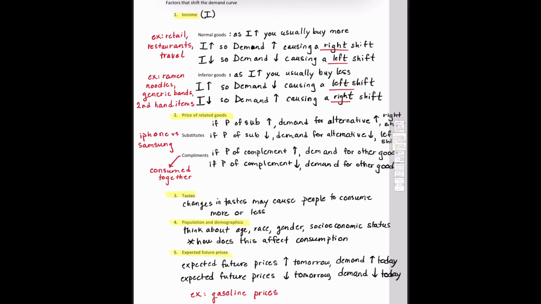So you'll see a right shift in the demand curve for Apple iPhones. However, if the price of Samsung decreases, then you're going to see a substitution towards the lower priced phone, and demand for Apple will fall. So you'll see a left shift in the demand curve for iPhones if the price of Samsung phones falls.